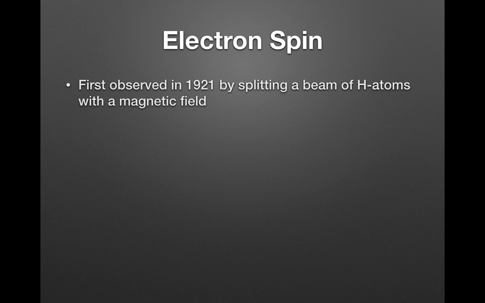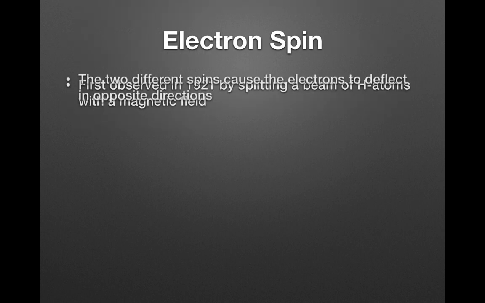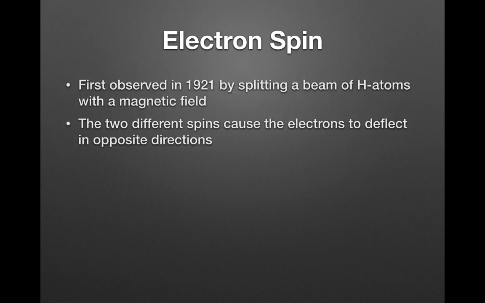And electron spin was first observed in 1921 by splitting a beam of hydrogen atoms with a magnetic field. Now, a hydrogen atom has only one electron on it, and what they noticed is that the beam would pass through a magnetic field and would deflect in two different ways, and these two different ways were of opposite directions.